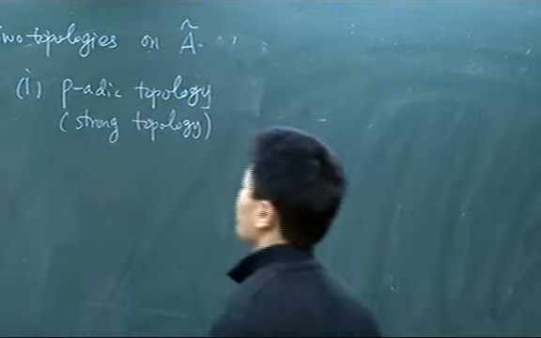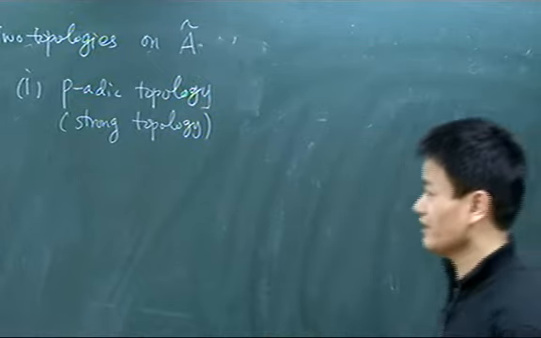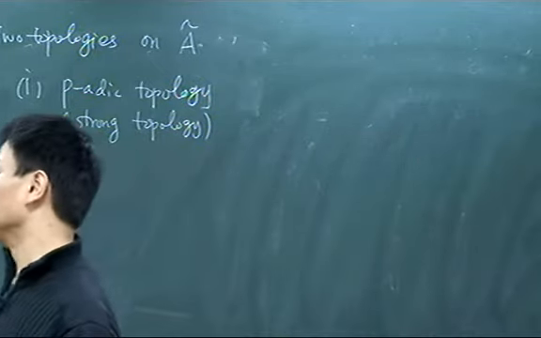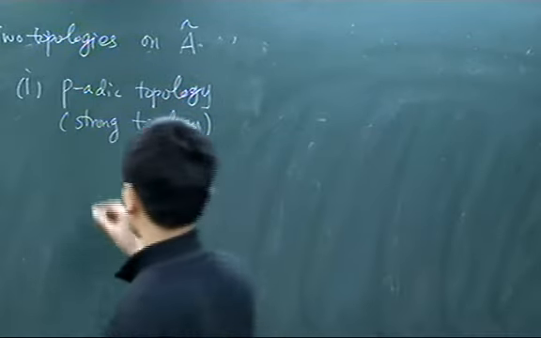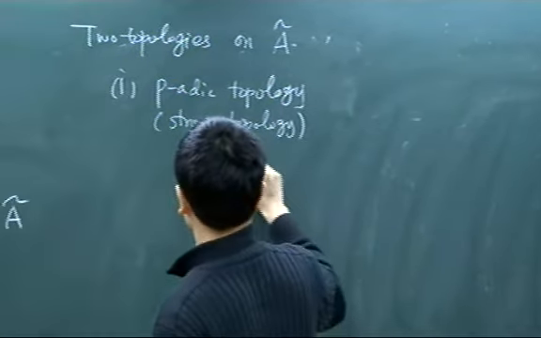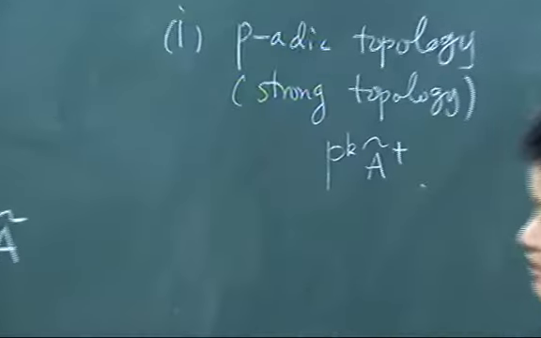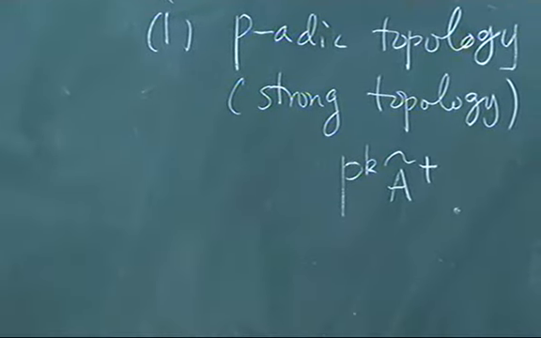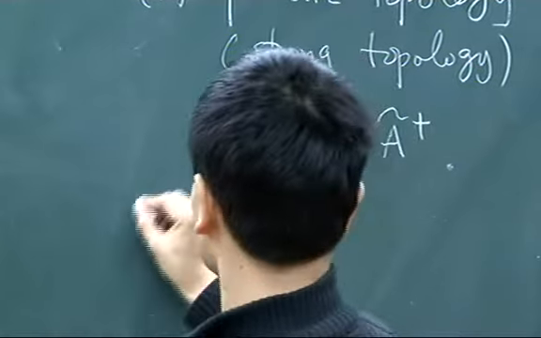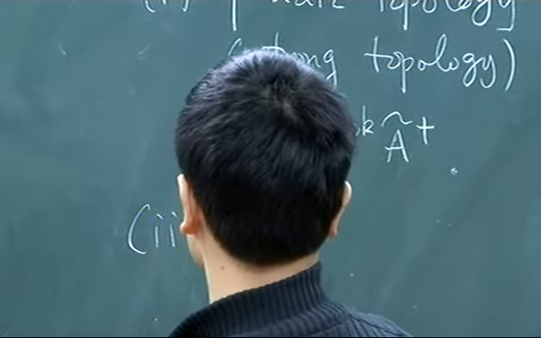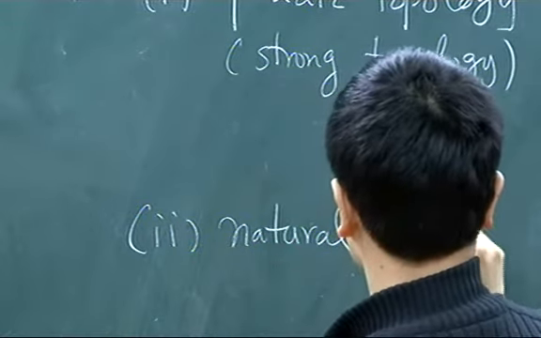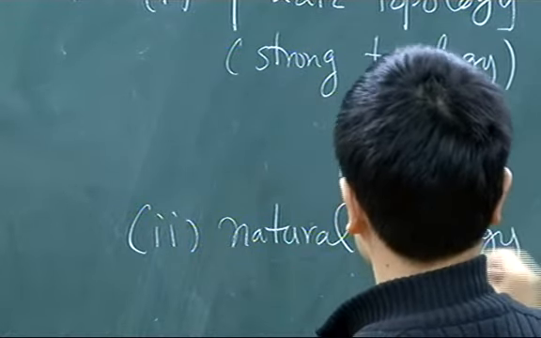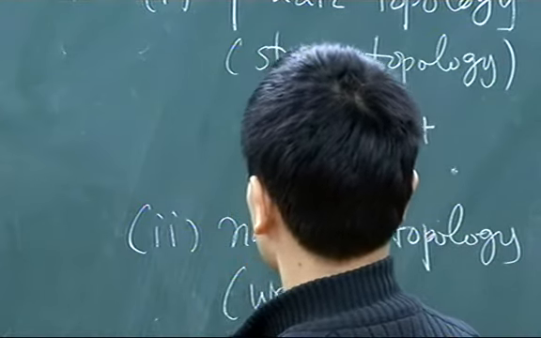In this, a basis of neighborhood at 0 is just p^k A tilde plus. Okay. The second thing is the natural topology, or you can say the weak topology.